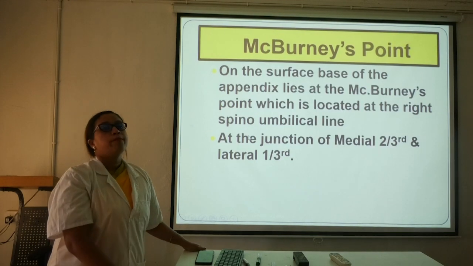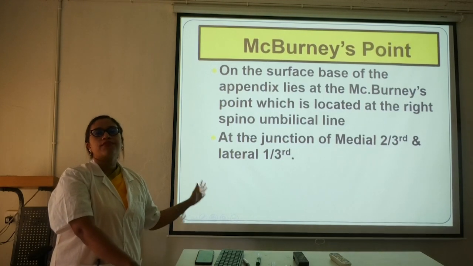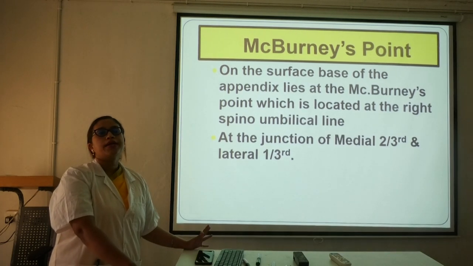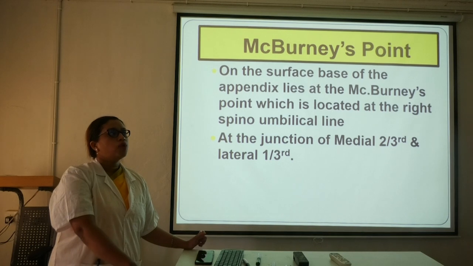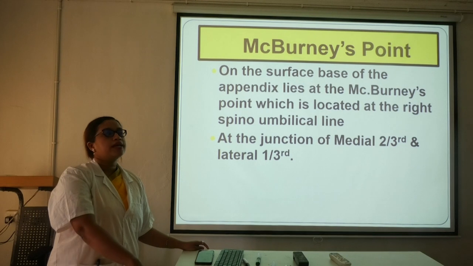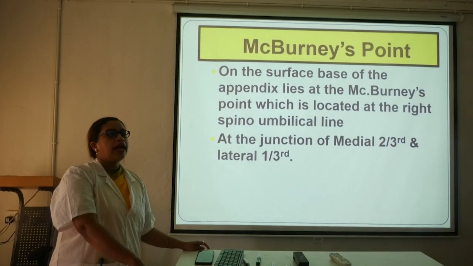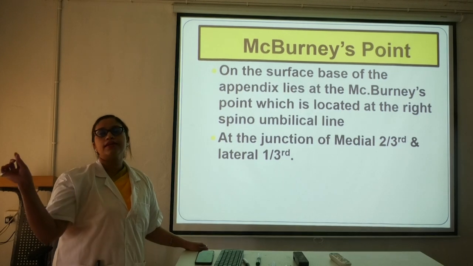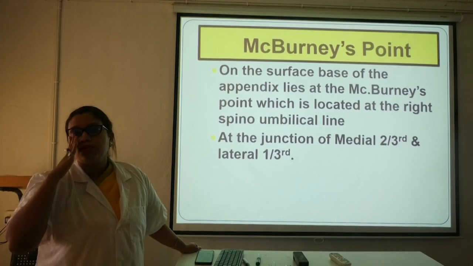So next one is McBurney's point. এটা কিন্তু সারফেস অ্যানাটমি তে বারবার জিজ্ঞাসা করে what is McBurney's point. So as you studied the hip bone, you know one thing that is known as anterior superior iliac spine. Okay, so that is the which part?